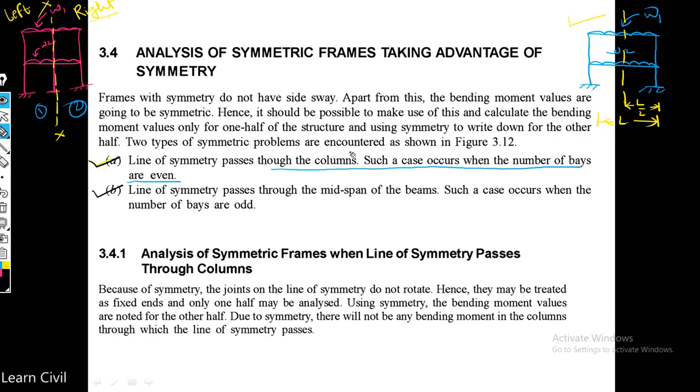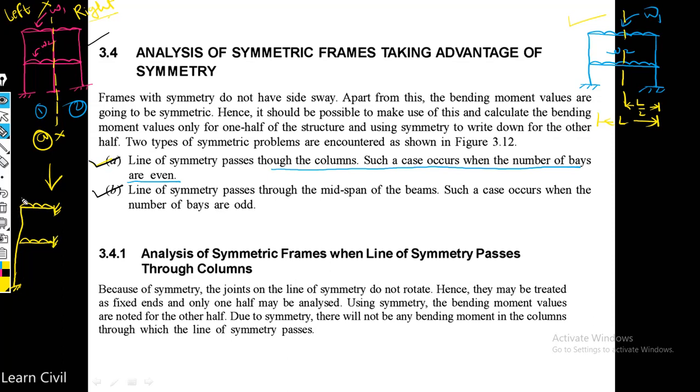Now with the help of Carney's method, we can analyze the problem by using the advantage of this symmetry. For case A, we can consider this particular frame to be like this only, and we just need to analyze this much part of the frame, and we can get the total bending moment for the frame.